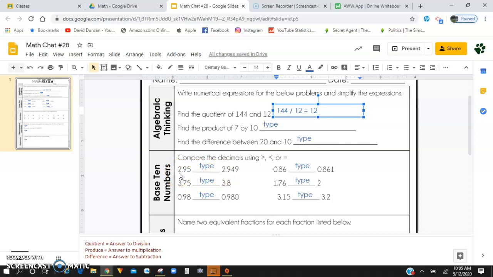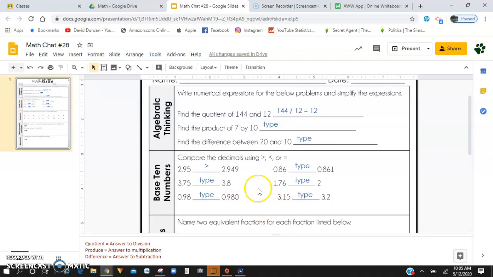So we have 2 in the ones, 2 in the ones. So far they're equivalent. 9 in the tenths, 9 in the tenths. So far they're equivalent. 5 in the hundredths, 4 in the hundredths. Well, I know 5 in the hundredths is bigger, so I don't even have to look at this last 9. I automatically know that 2 and 95 hundredths is going to be my larger decimal.